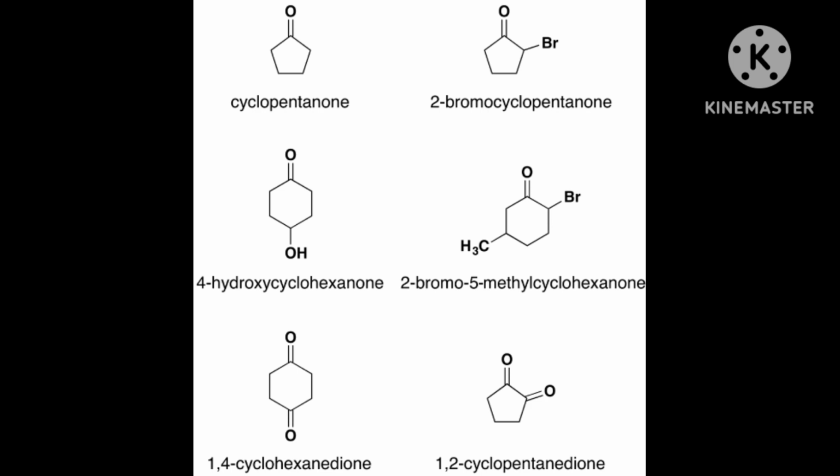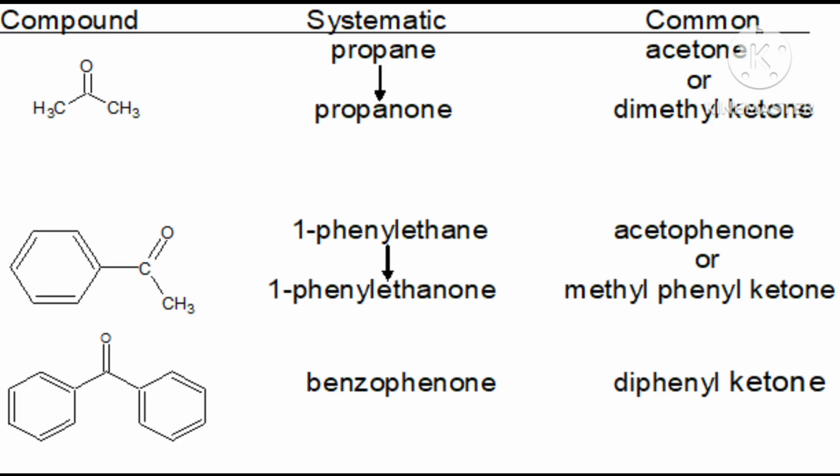Then thus the carbonyl carbon and the 3 atoms attached to it lie in the same plane. This is important. The carbonyl carbon and the 3 atoms attached to it lie in the same plane, and the pi electron cloud is above and below this plane.